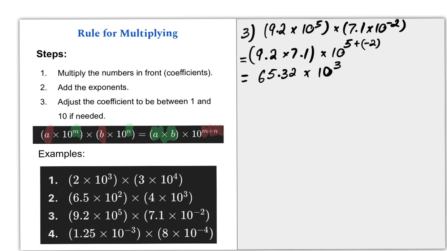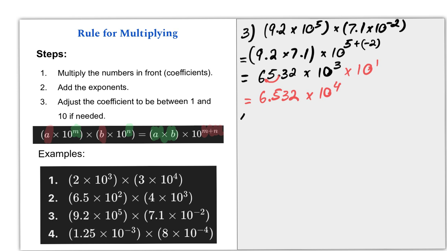Again, we have to adjust our coefficient. 65 is greater than 10, so we have to move the decimal to the left. When we do that, we have to multiply by 10 on the other side. This will be 6.532, which is a number less than 10, times 10, and 3 plus 1 equals 4. So to the 4th power.